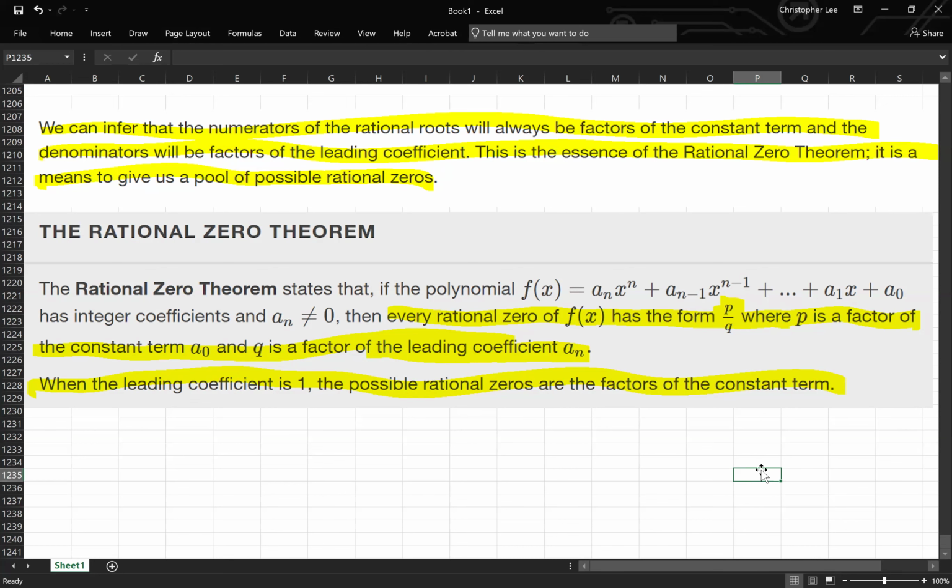So when the leading coefficient is 1, the possible rational zeros are the factors of the constant term. So constant term over the leading coefficient. That's what it's trying to say.